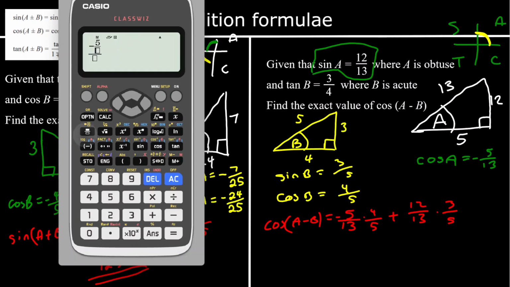So negative 5/13 times 4/5 plus 12/13 times 3/5 is 16/65.